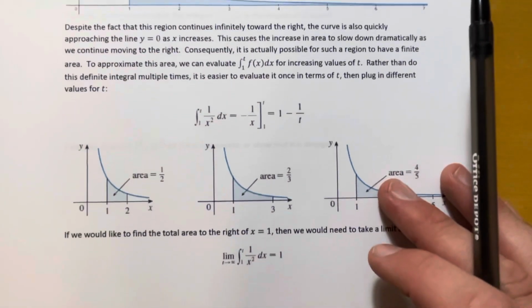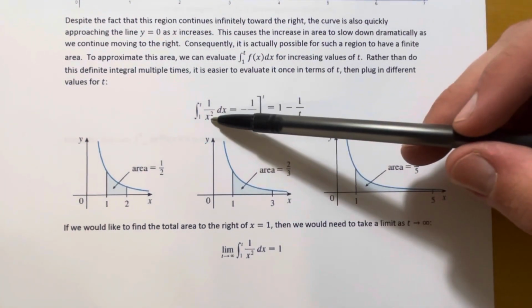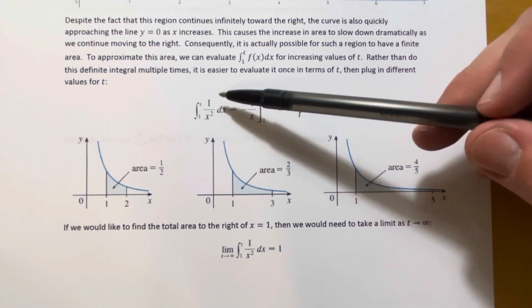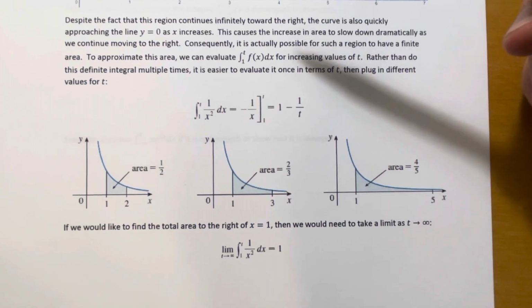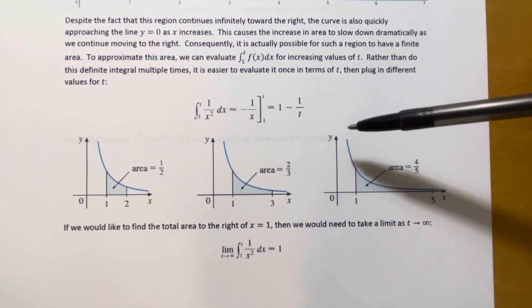Now, infinity is technically not really a number, so you can't just plug infinity into something. So instead, let's imagine our integral is the integral from 1 to t of 1 over x squared dx, but we imagine t to be a very, very large number, so that we can get an idea of what's happening with that area.